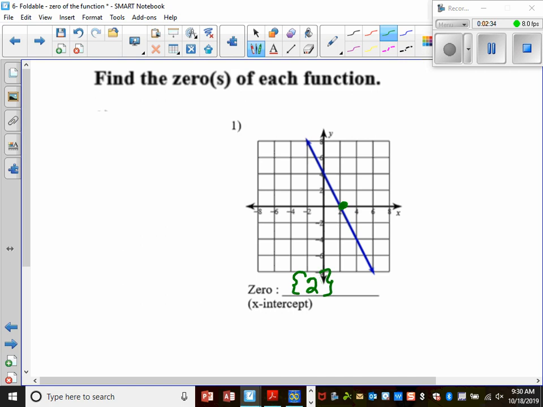You can write it in set, or if you want to write it as a coordinate, then you would write it as 2, 0. Okay, so the choice is yours. I don't care if you write it as a set, which means there's only one, you have your one x value inside of the set brackets, or you can write it as a coordinate. Okay, but just know when to use parentheses and when to use the set, right?